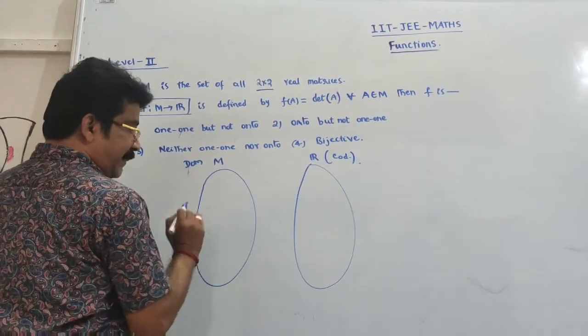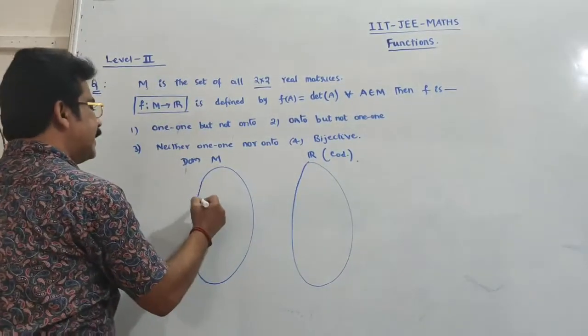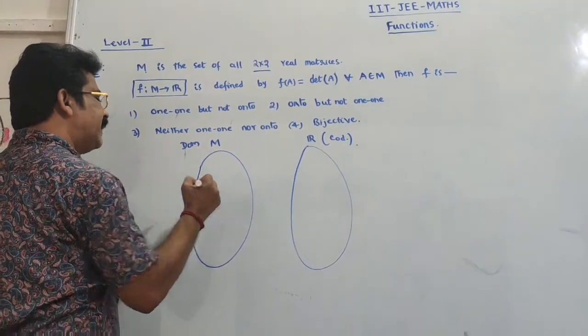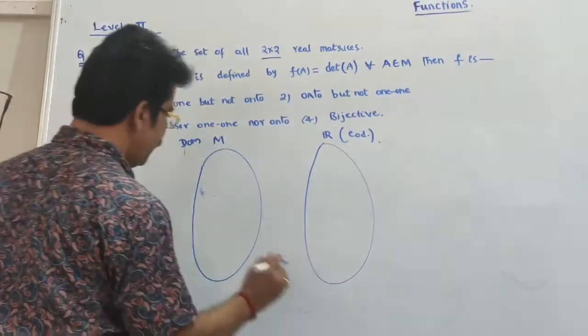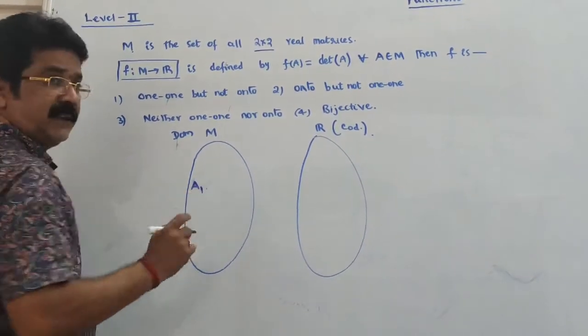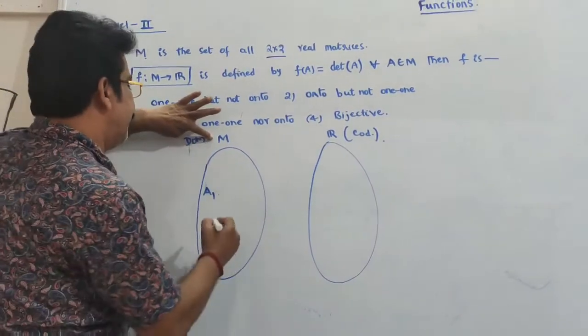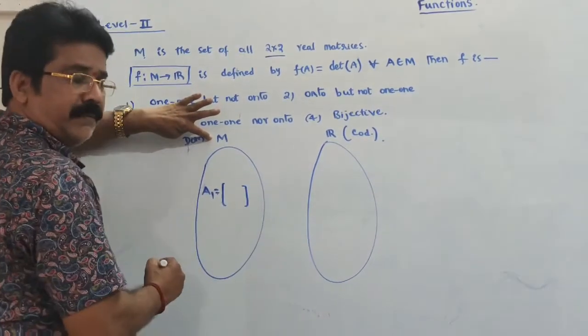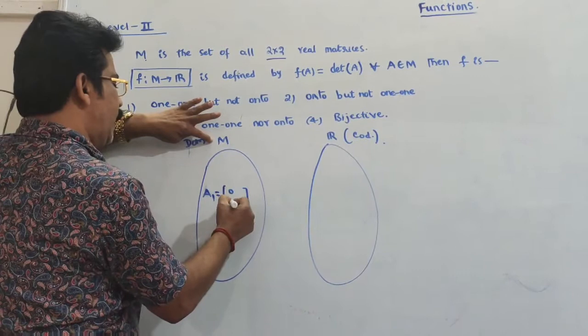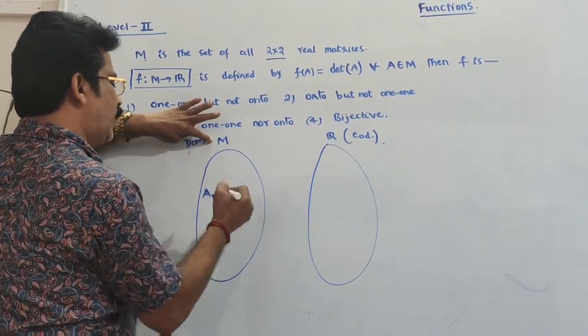For example, let us take capital A1, a 2 by 2 matrix in capital M, the matrix with rows 0, 0 and 1, 1.